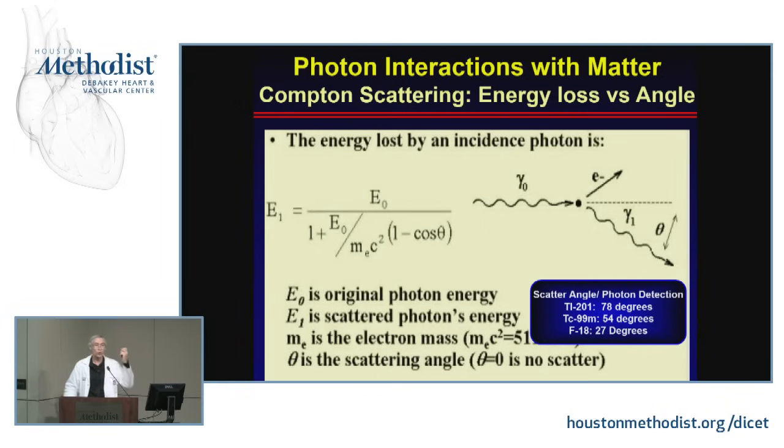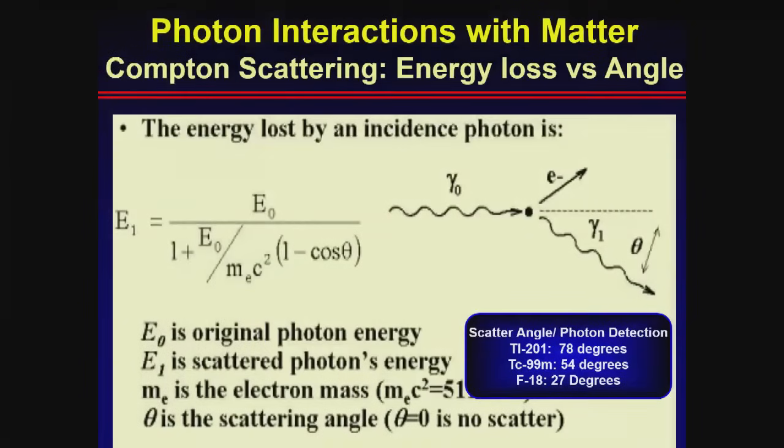Scattered photons cause a reduction in our spatial resolution, okay? So if we use something like thallium, okay, we can actually get 78 degrees of deflection of that photon before it goes outside of our window of acceptance in terms of the energy degradation. Whereas with technetium, it's only 54 degrees, and look at with F-18, it's only 27 degrees. Okay, so anything above 27 degrees we're not going to detect. We're going to say it's outside our energy range.